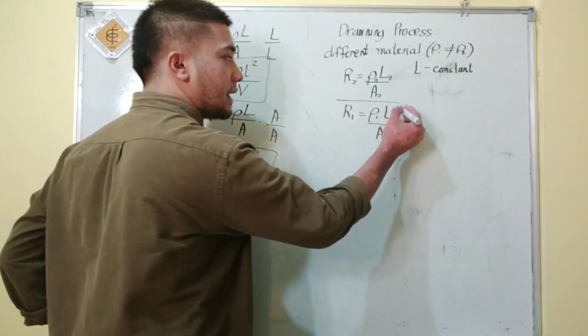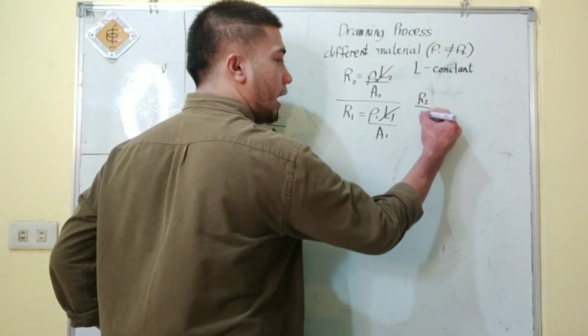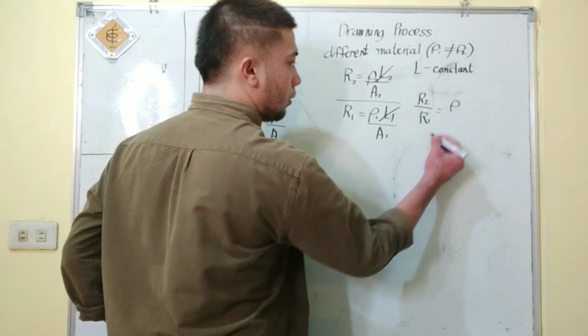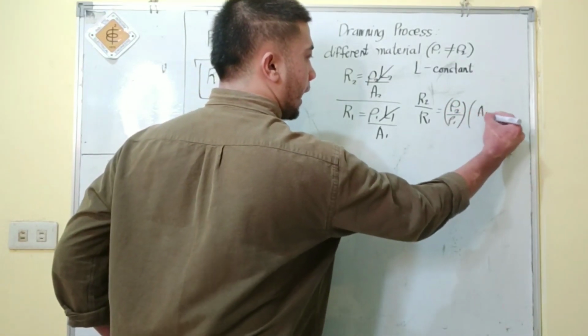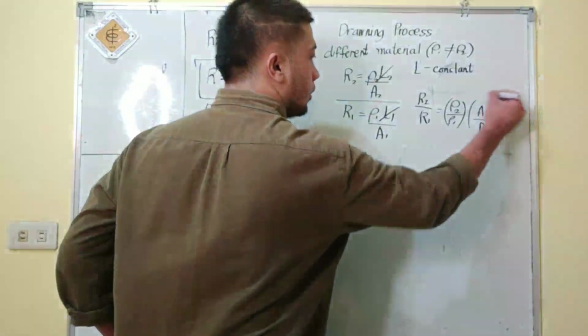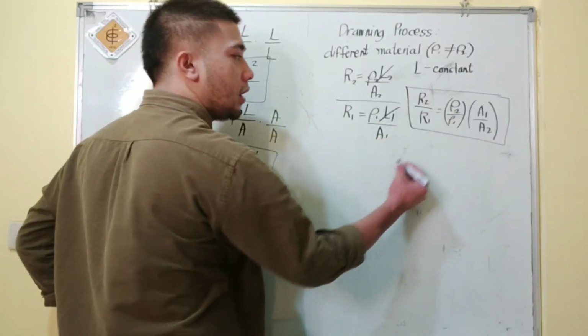Again, length is constant, so we derive R2 over R1 is equal to rho 2 over rho 1 times A1 over A2. This is the formula for the resistance in terms of area if the length is constant.